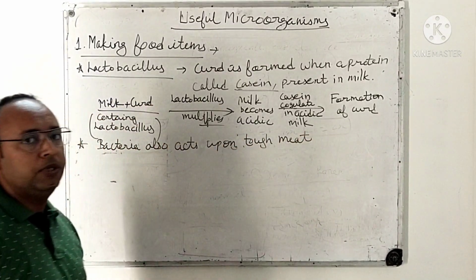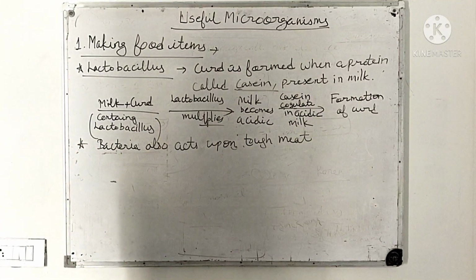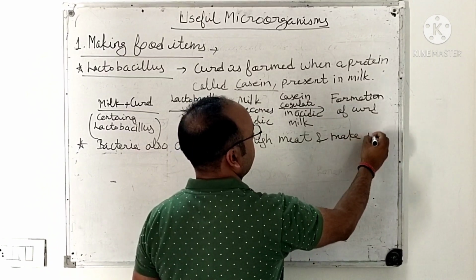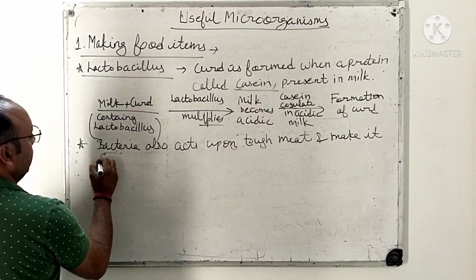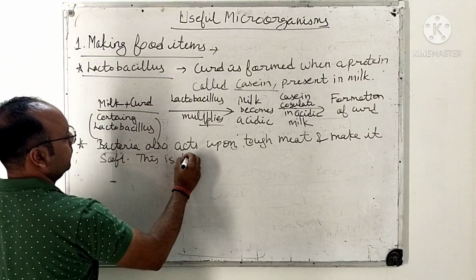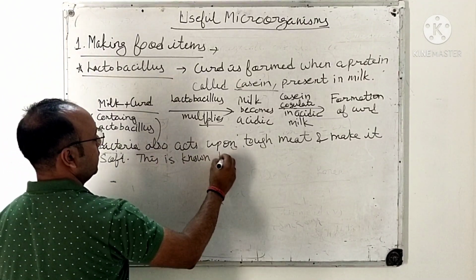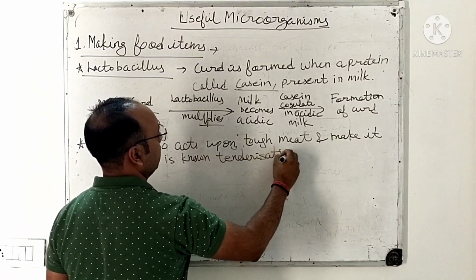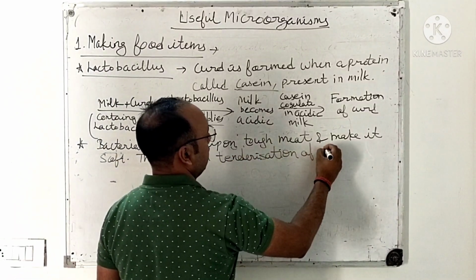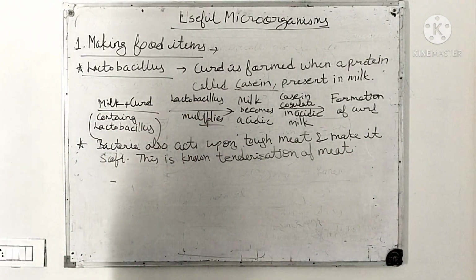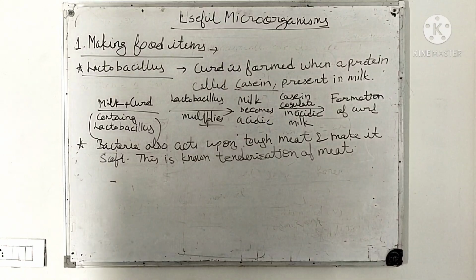You might have seen meat that is very tough, and we make it soft. We convert this tough meat into soft. This process is known as tenderization of meat. Very common thing, tenderization of meat.